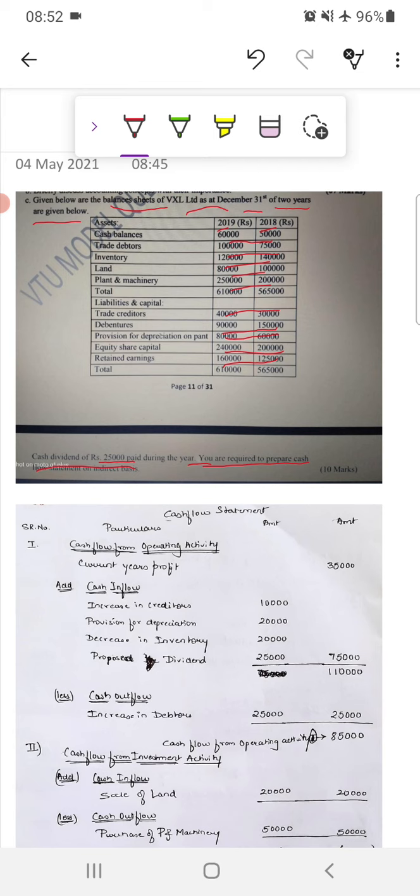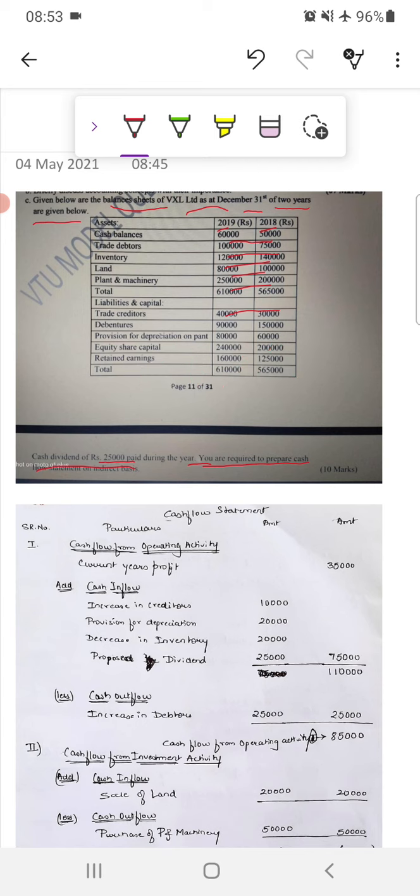Now let's begin with the solution for this. I've already given you certain points about preparation of cash flow statement. I'll just repeat them once again. Current assets and current liabilities will go in the operating activities. Next, fixed assets will go under investment activity.